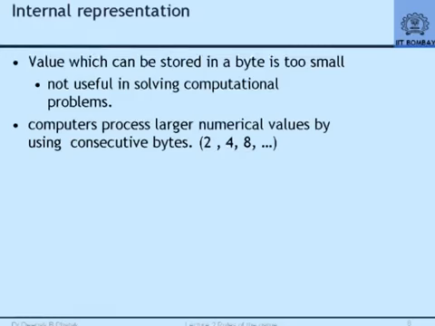So what the machine is actually capable of doing is combining bytes like this. And the electronic circuitry has been designed to treat 2 consecutive bytes taken together as if it was 1 unit of information. Suddenly you get more number of bits available. How many bits will you get with 2 bytes? 16 bits.